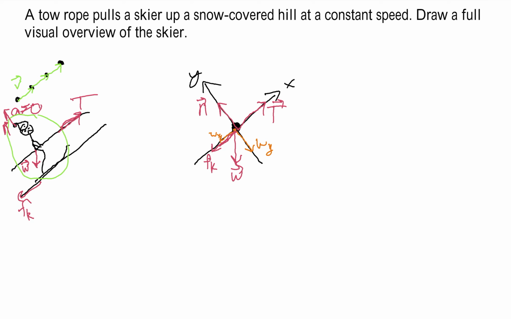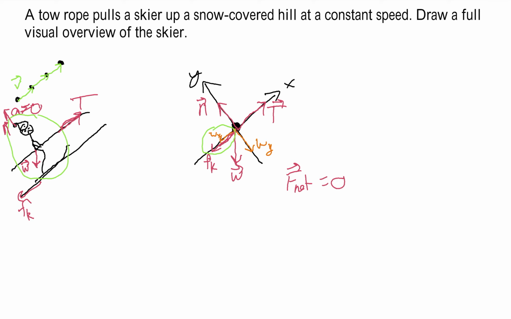The reason that tension is going to be longer, actually, I might as well point this out now because of what I did earlier, is because we have a weight vector pulling us down the hill and a friction vector pulling us down the hill, and those two vectors add. That's why the tension vector is going to be longer than the other vectors. Because we have a net force of what? The net force has to be 0 because we have no acceleration.